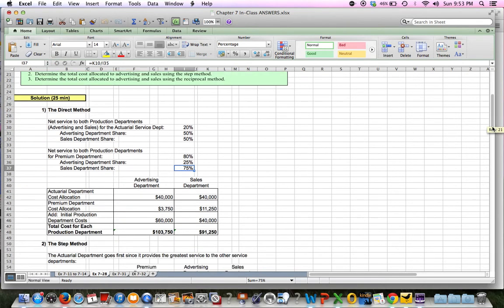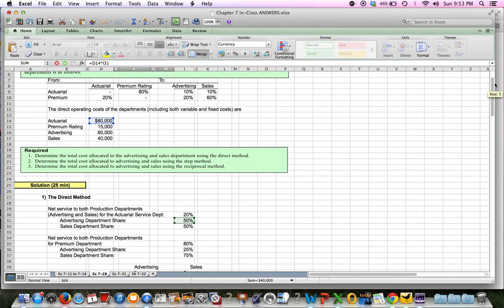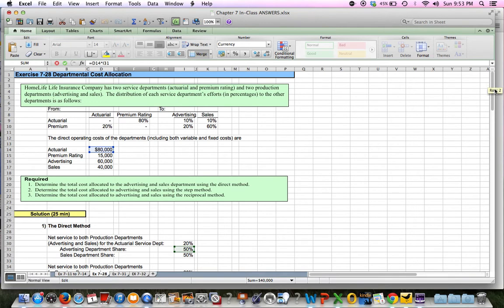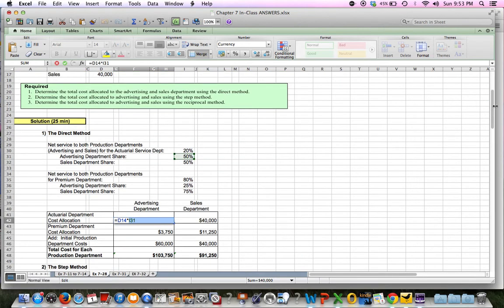Then I take advertising and I multiply the advertising cost times their 50% share. So actuarial, 80,000 goes to advertising, which is 40,000, and then half of that goes to sales. For premium, what I do is I take the premium cost department, D15 and I36.